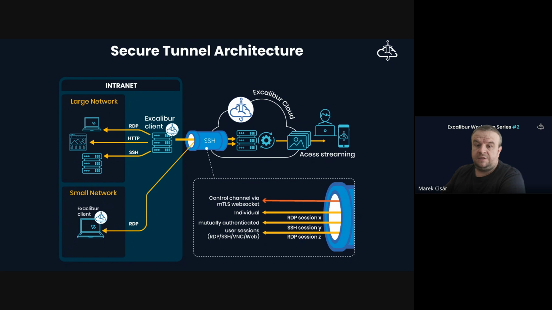So this is the principle how it works, and how the security is being involved in all of these technological possibilities of the tunneling client. And there is a little bit more, but I will talk about it a little bit later.